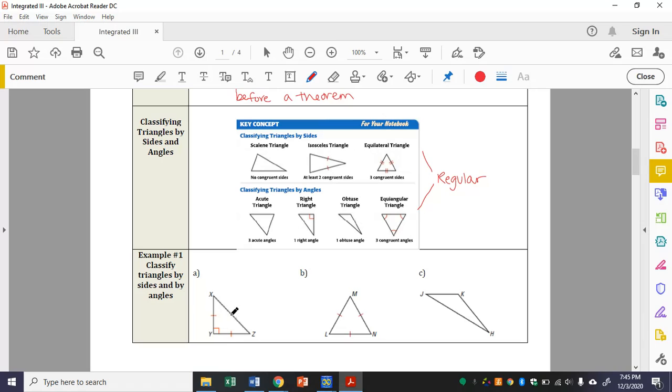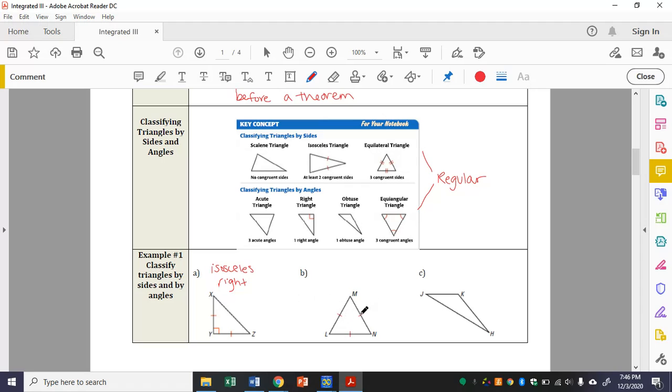The last side doesn't have a tick mark, so only these 2 sides are the same. So off the bat, I know I have an isosceles triangle. I also notice I have a right angle here, with that right angle box, which means my triangle not only is isosceles, it's also a right triangle.